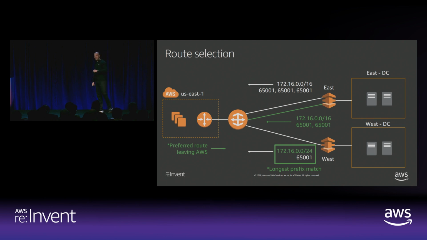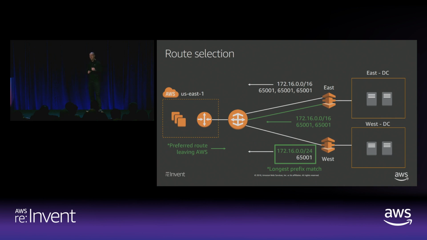If we change the advertisement and make the route more specific, so changing the route from 172.16/16 and moving towards 172.16/24, the new West Coast path will be selected for routes that fall within that prefix range. You will see both east and west are green.